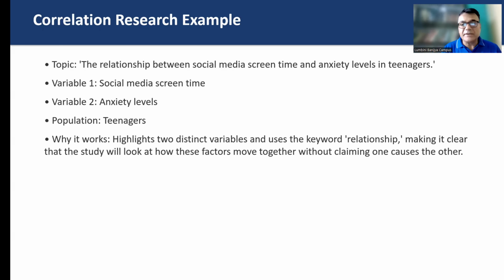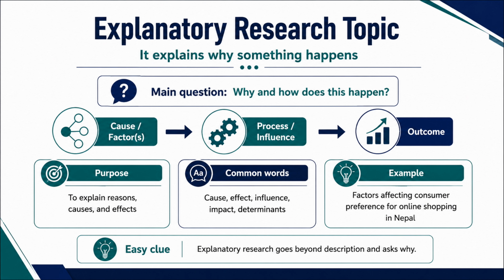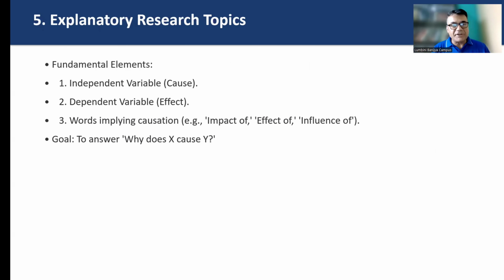Moving on to another one, the explanatory research topic, where you have to include an independent variable, that is the cause, the predictor, and the dependent variable, that is the effect, the outcome.